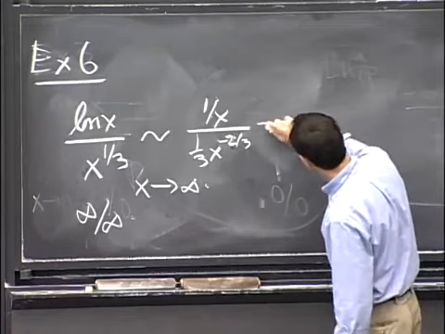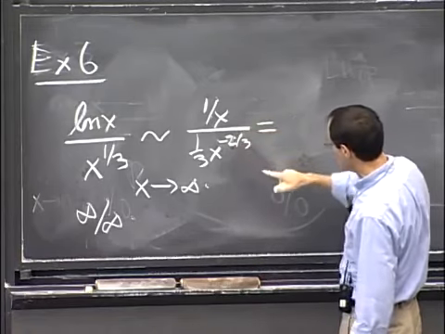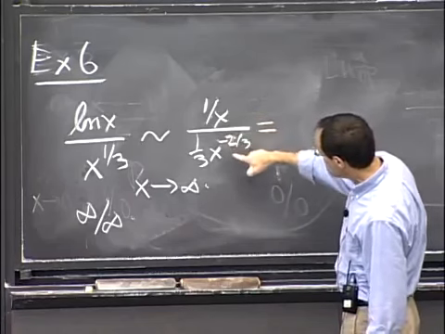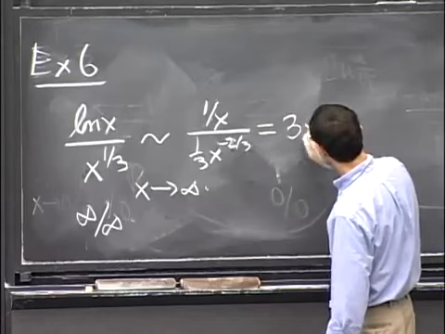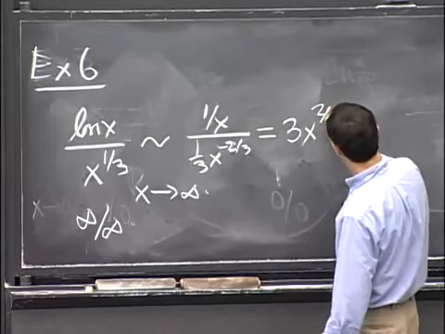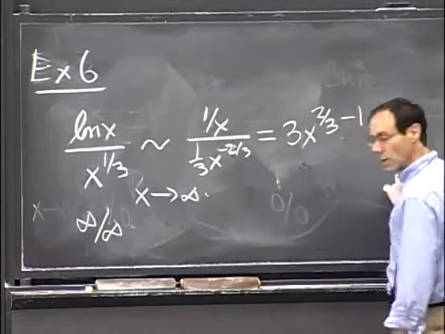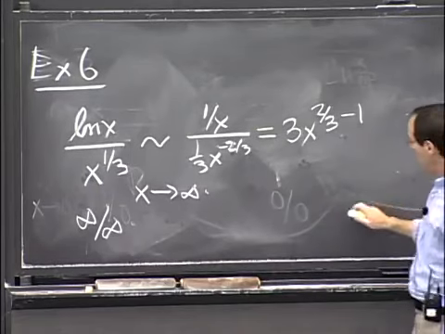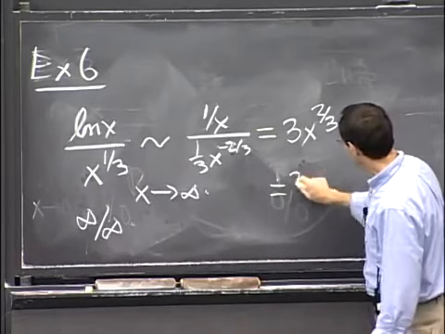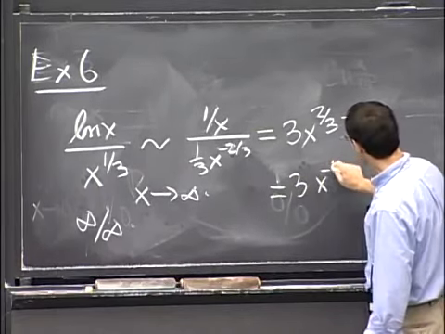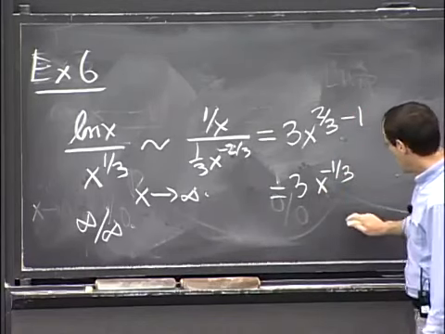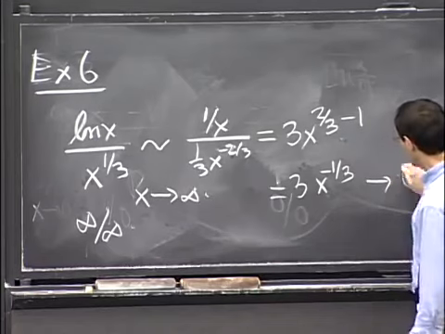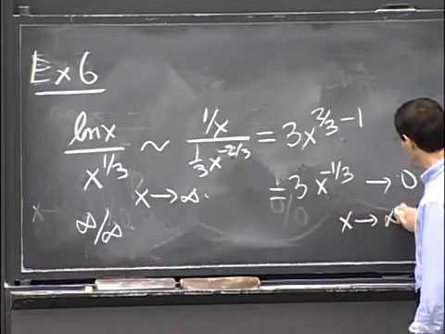Now, when the dust settles here and you get your exponents right, we have an x to the minus 1, and this is an x to the plus 2/3, and that 1/3 becomes a 3. So this is what it is, all right? And that's equal to 3x to the minus 1/3, which we can decide goes to 0 as x goes to infinity.